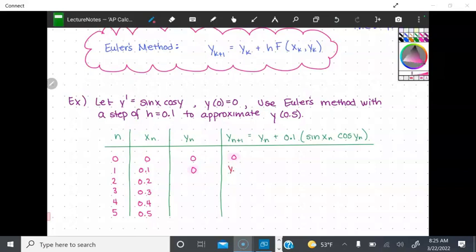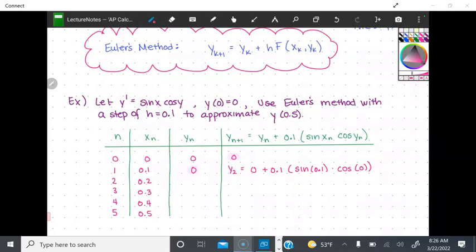So this is y sub 2, which will equal y sub 1, which is 0, plus 0.1 times sine of x sub 1, which is 0.1, times cosine of 0. And we'll see what we get. So does it make sense where I'm getting all of these values from? So we just evaluate it.